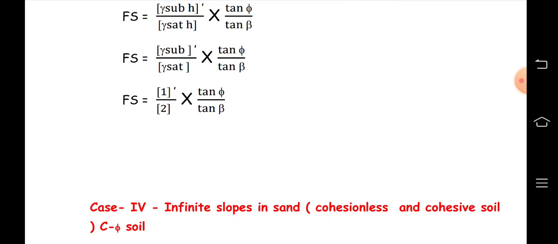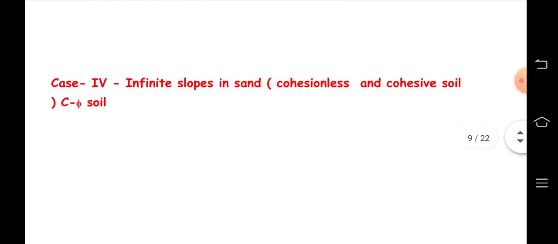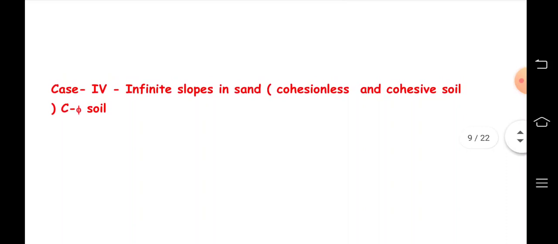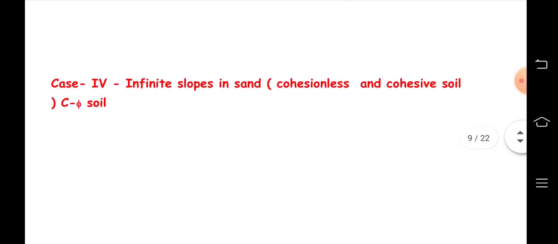Okay, so next case, that is infinite slope in a cohesionless soil. Once again we are taking the cohesionless soil, but here we are considering cohesionless soil as well as cohesive soil, in the sand as well as in the clay.